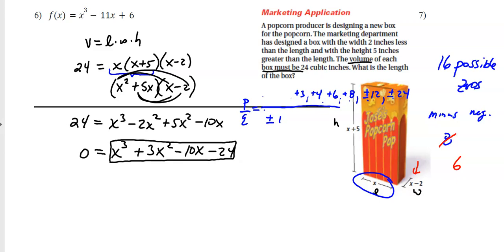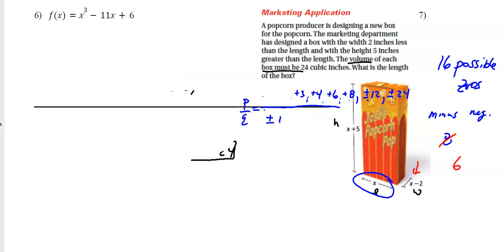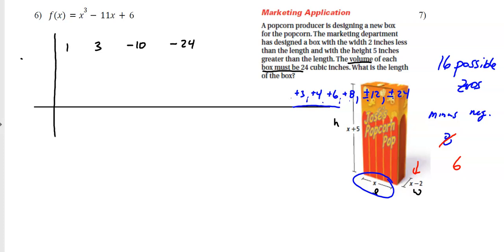So I'm going to use these coefficients here, 1, 3, negative 10, negative 24. And we're going to start testing some things.